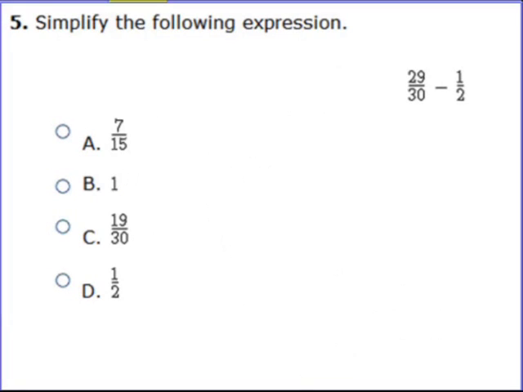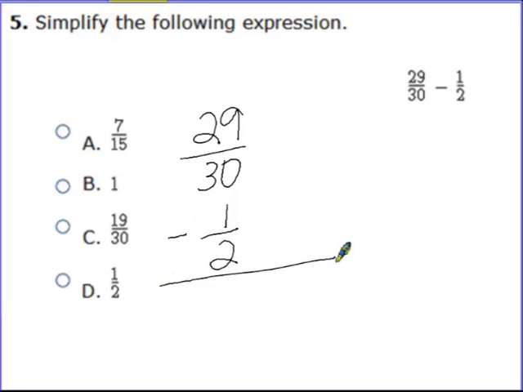All right. Here's another problem, 29 over 30 minus 1/2. Same deal as last problem. I like to write my fractions straight up and down because then it's easier for me to find a common denominator. So the top fraction's denominator is 30, so I'm going to make my bottom fraction's denominator 30. So I can multiply by 15, and I get the 30. 1 times 15 is 15.